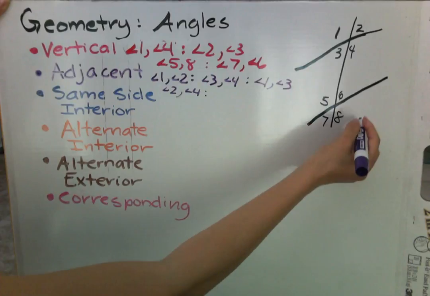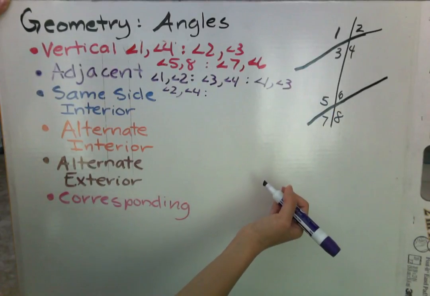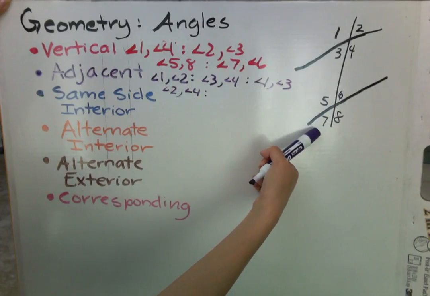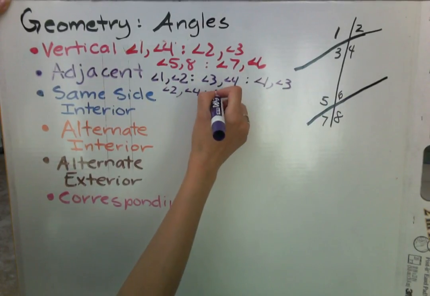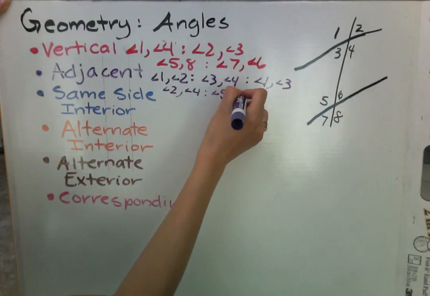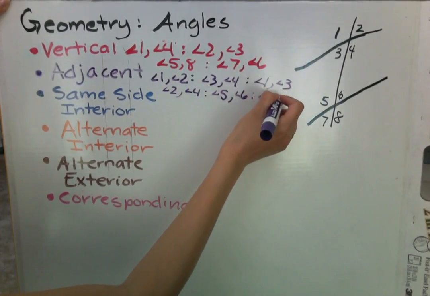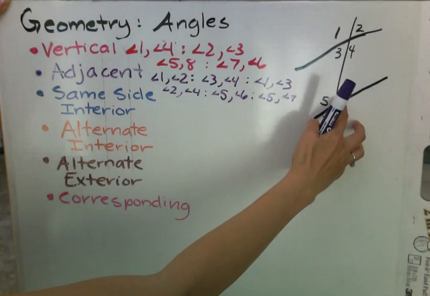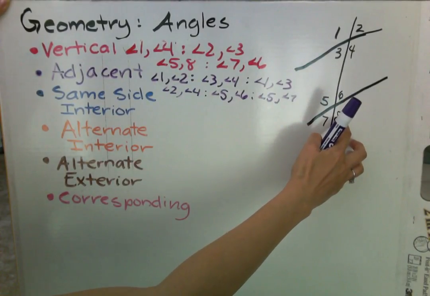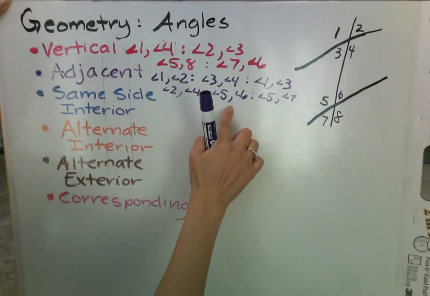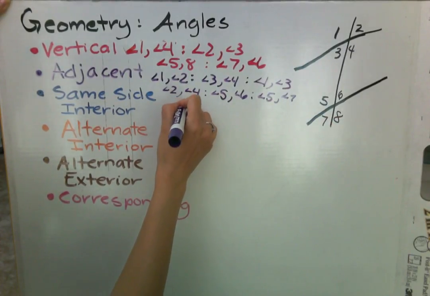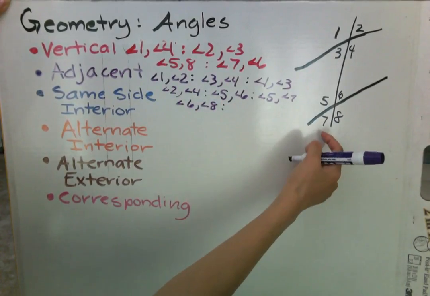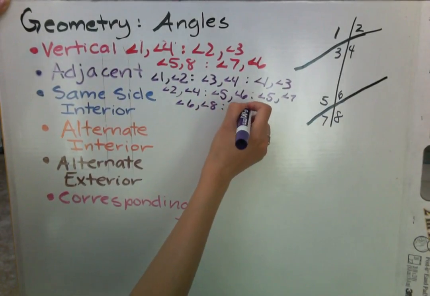Now if we look down here, let's see if you can recognize some adjacent angles. 5 is adjacent to 7 and it's also adjacent to 6. So angle 5 and angle 6 and angle 5 and angle 7. 6 is adjacent to 8 and 5, but we've already listed that here. So we say angle 6 and angle 8 are adjacent, and again 7 and 8 are adjacent.